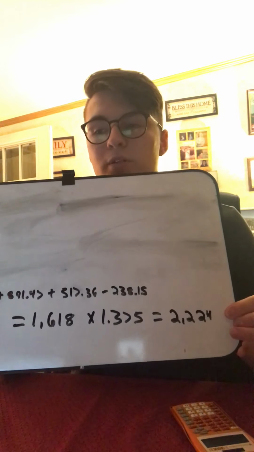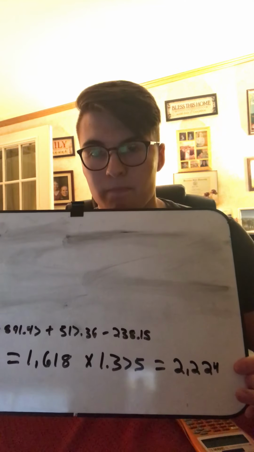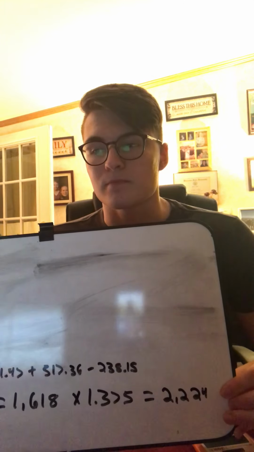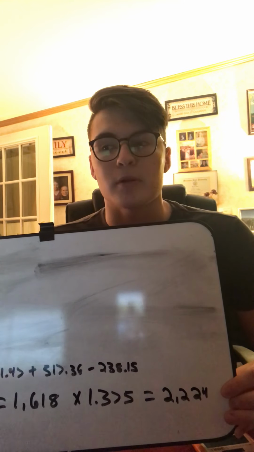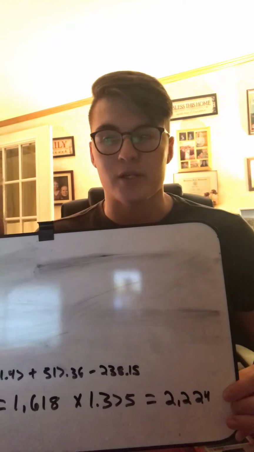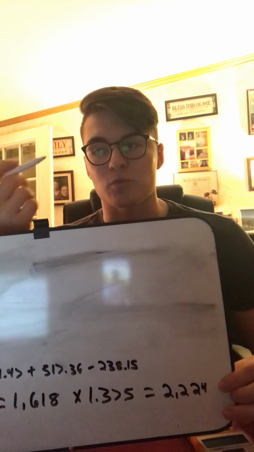This number right here, 2,224, is her total energy expenditure. This is how many calories she would be burning per day if she was in the light category for exercise, which is typically 1 to 3 days. So this is on average what she would be burning.